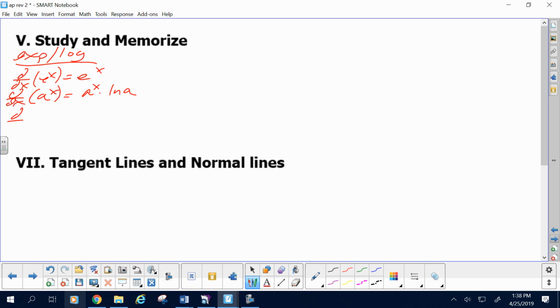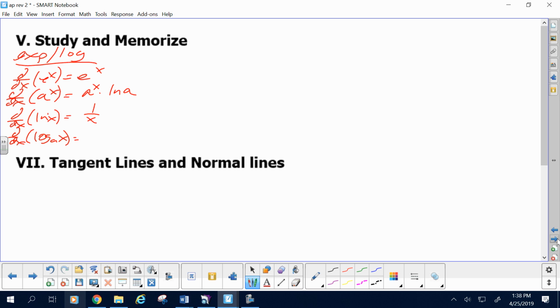Okay? What about the derivative of natural log of x? 1 over x. Notice it's not 1 over the absolute value of x. People start to get integral rules and derivative rules confused. There's no absolute value. Now, if it was in there, that would still be okay. It's still 1 over x. What about the derivative of log base a of x? Remember it?